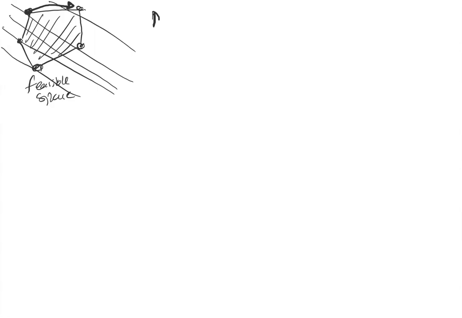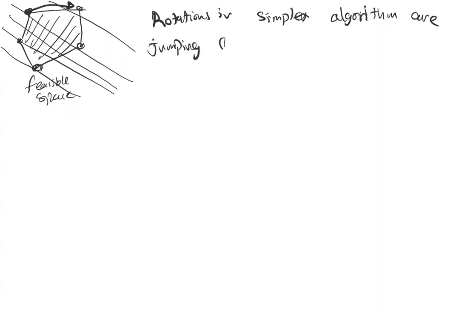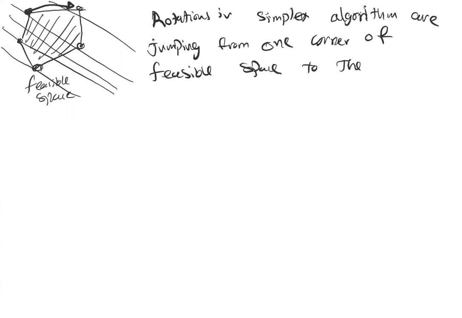So basically the rotations in the simplex algorithm are jumping from one corner of the feasible space to the other corner.